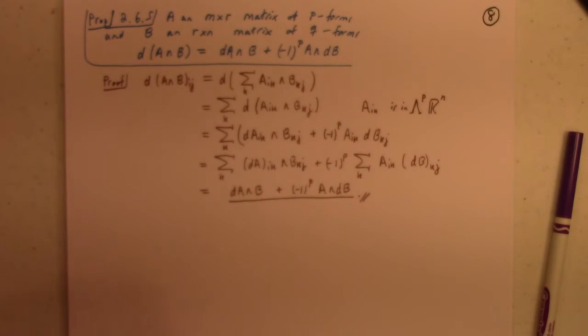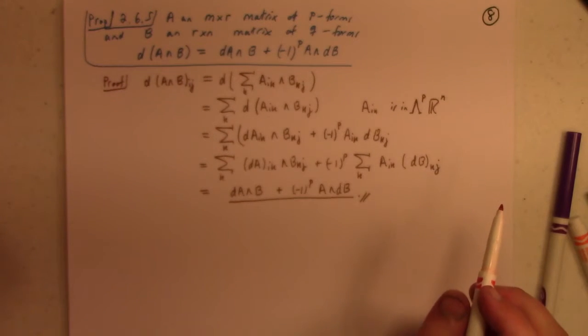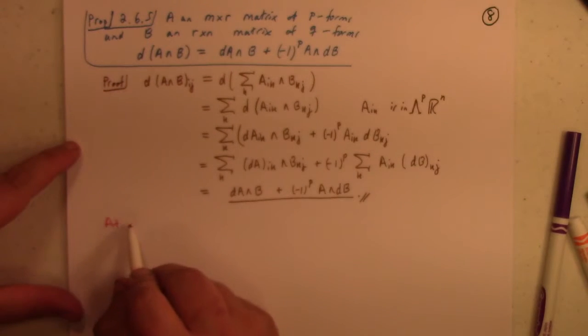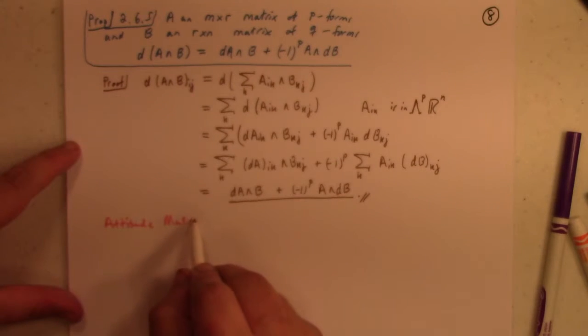Now, this is very, very interesting as we think about what it says about orthogonal matrices, for example. Well, I guess orthogonal matrices themselves are not that interesting, but how about the attitude matrix? What do we get to say about the attitude matrix?